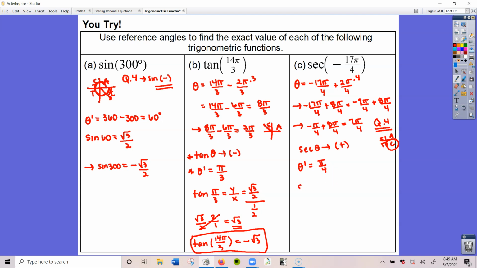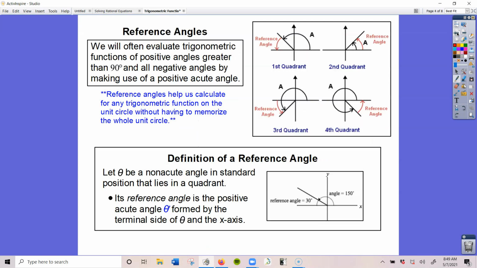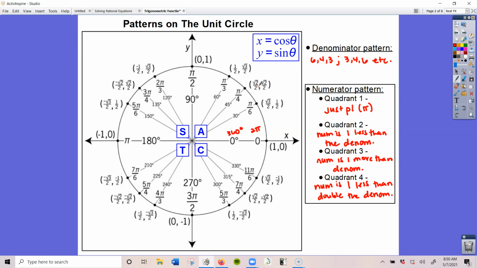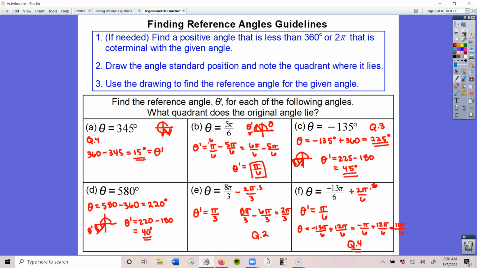So now I need to evaluate the secant of pi over 4. Secant is the reciprocal of cosine. So again, if I look back at my unit circle, which you can, or you should know the first quadrant, but if I look here at the first quadrant to get the secant of pi over 4, the cosine is square root of 2 over 2, so the reciprocal would be 2 over the square root of 2.